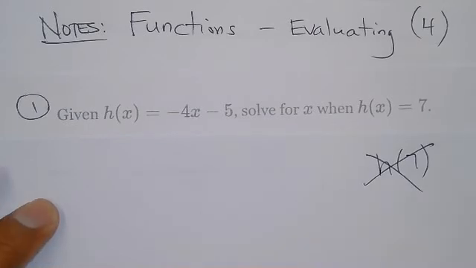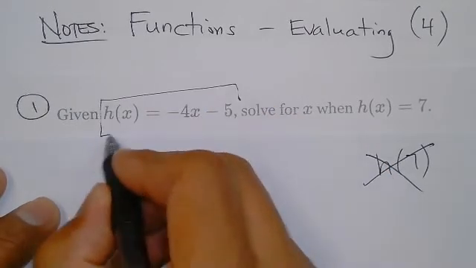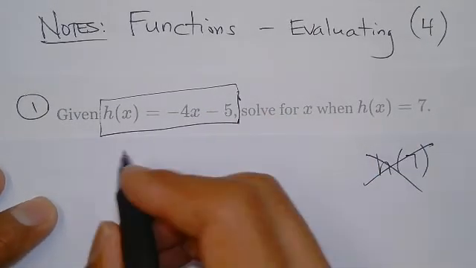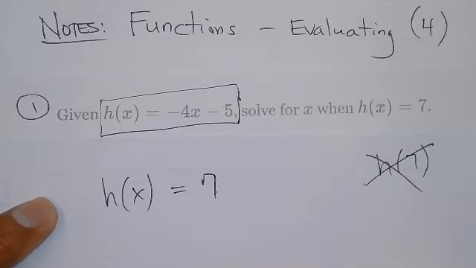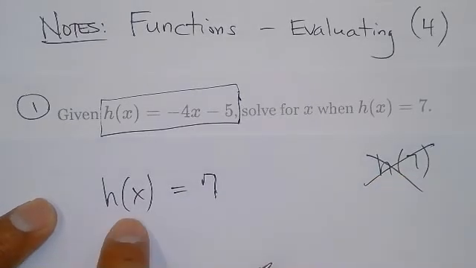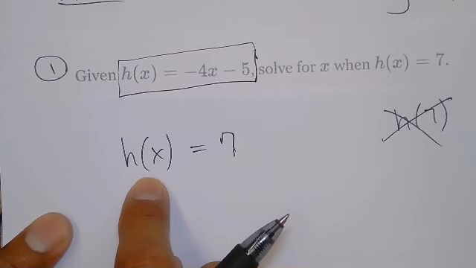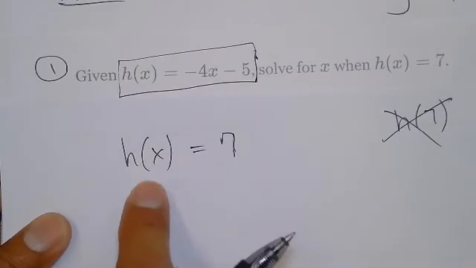What's happening here? Here's my function of h, and the problem is this: h of x is equal to 7. So we agree it's not an input, right? We don't put a 7 everywhere.